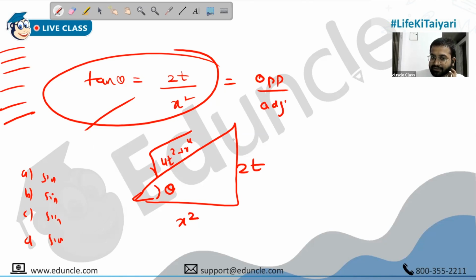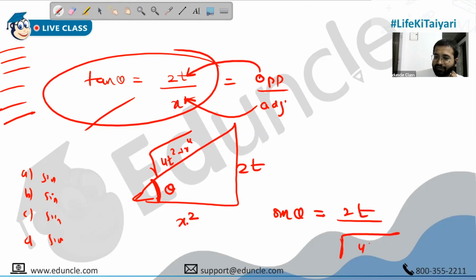So you just draw a triangle. You call an angle theta. Opposite of theta is 2t, adjacent is x square. So the hypotenuse will be under root of 4t square plus x raised to 4. Now I can calculate sine theta. So what is sine theta? Opposite upon hypotenuse, 2t upon under root of 4t square plus x raised to 4. Understood?